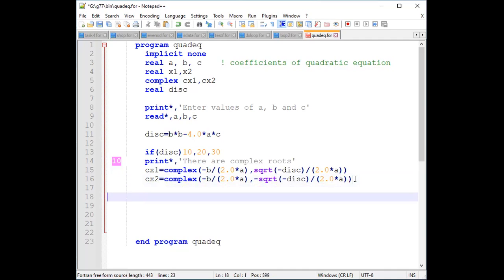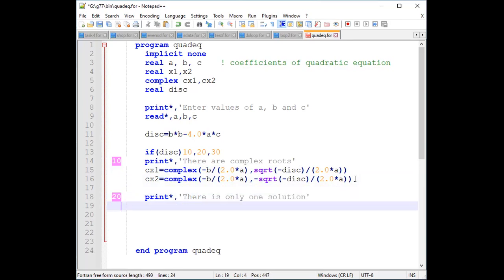Now the other case is discriminant 0, so 20. Say print asterisk, there is only one solution, right? And it is 0, so there is no difference.